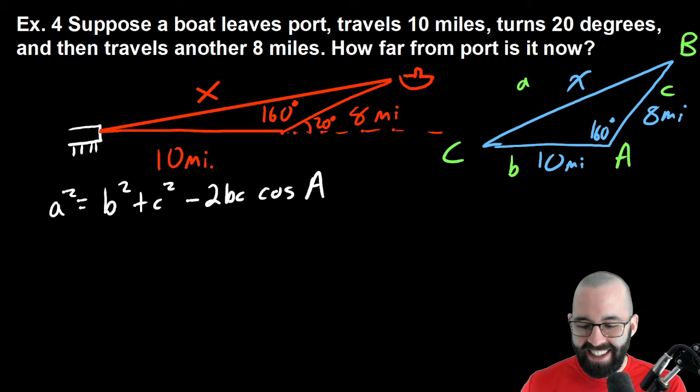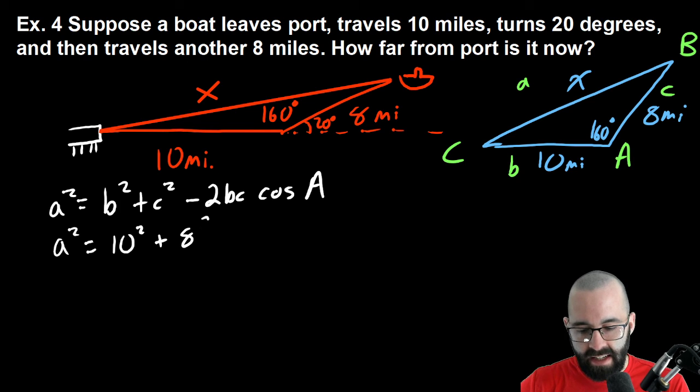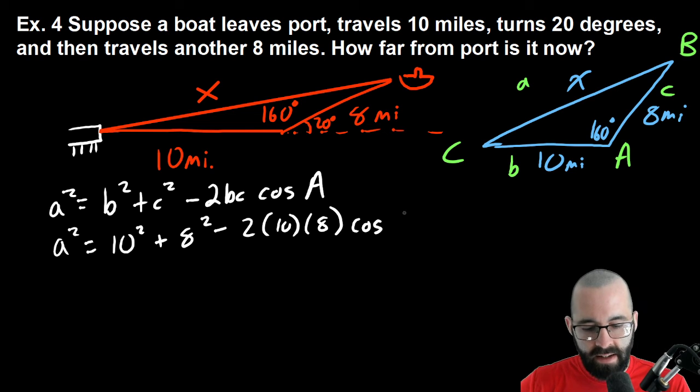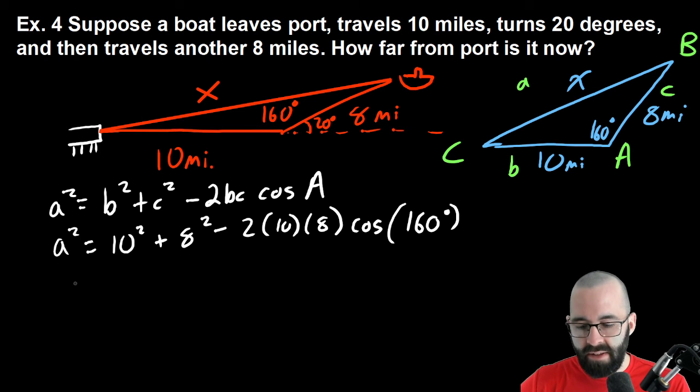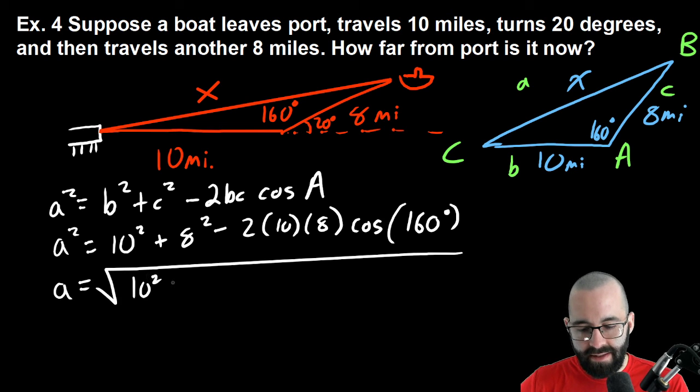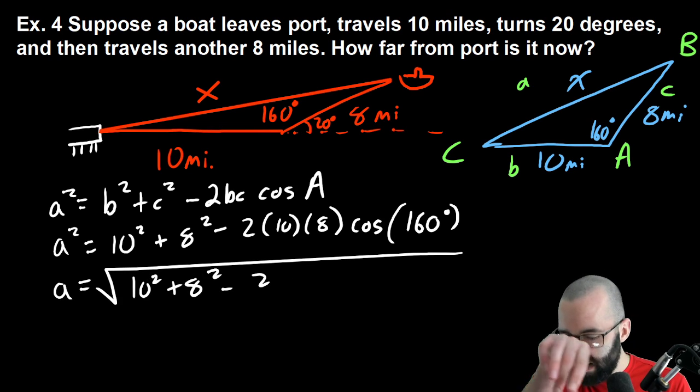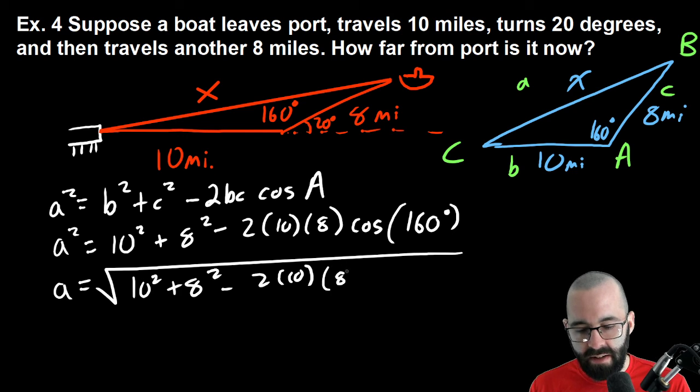Woo. All right, so A squared, B is 10, C is 8, and capital A is 160 degrees. Simplify, or just type it in if you wanted to, right? If you wanted to, you could just type it in like this without simplifying at all. I'll show you what that looks like here. You're more comfortable with your calculator.